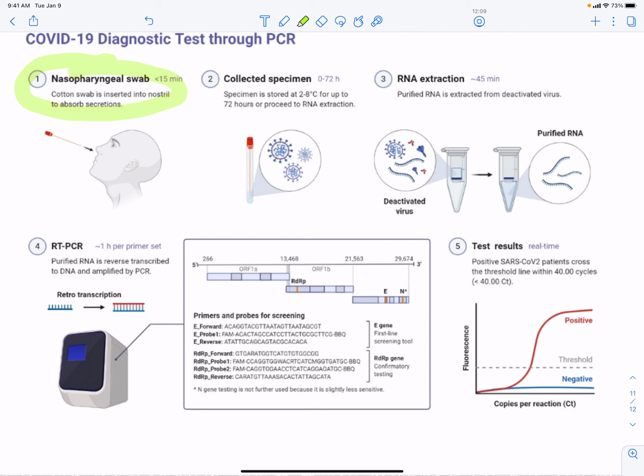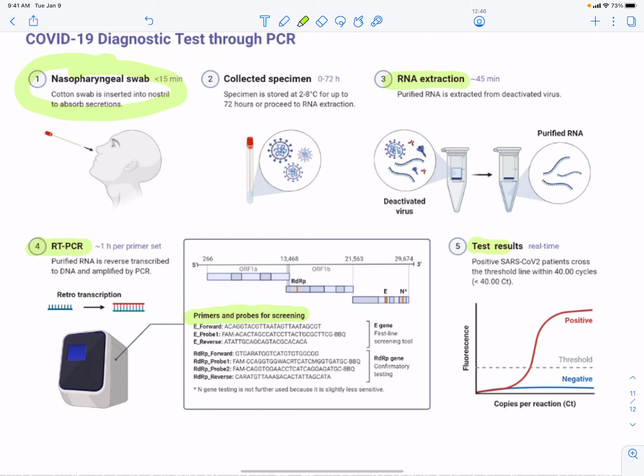Then you're going to collect the infections, extract your RNA or nucleic acid of interest, and then you're going to do reverse transcriptase RT-PCR, using specific primers. The primers and probes are going to be very specific in this case for COVID. You can have flu-specific primers, Ebola-specific primers, Epstein-Barr virus-specific primers. All the viruses will have different sequences, and the primers are going to be specific for those differences so that you can tell the difference between the different pathogens.